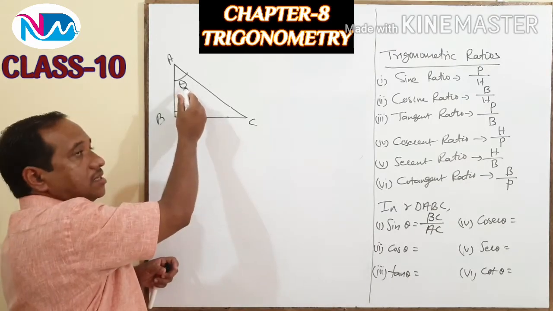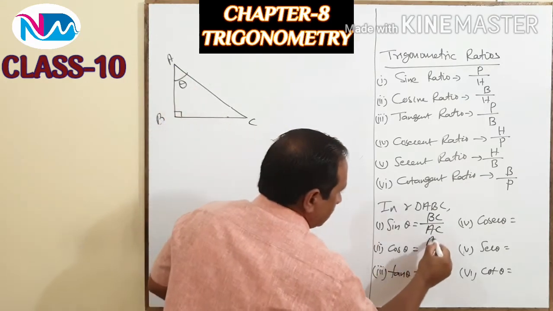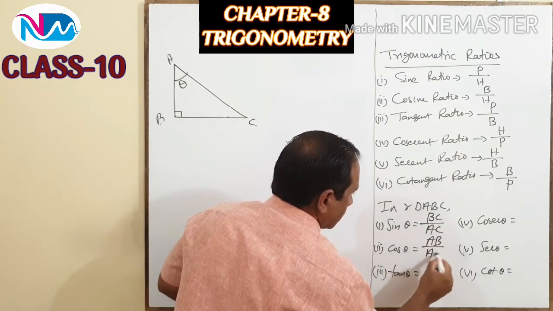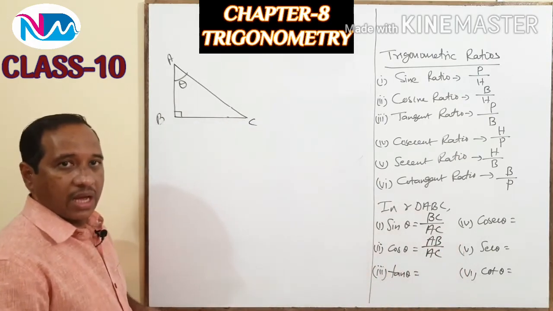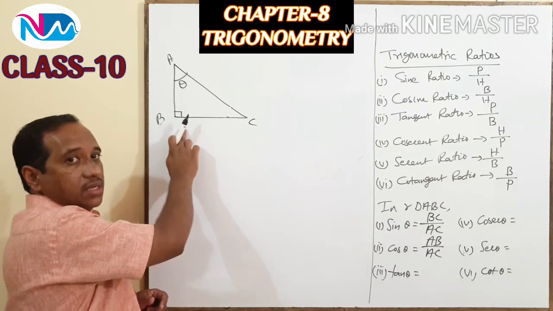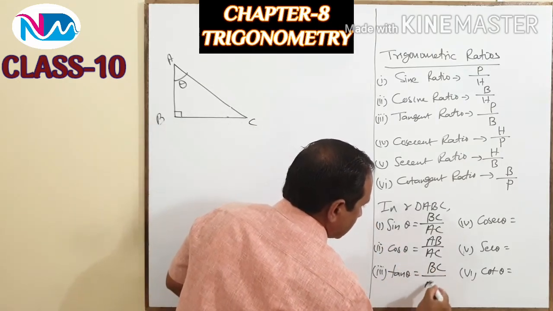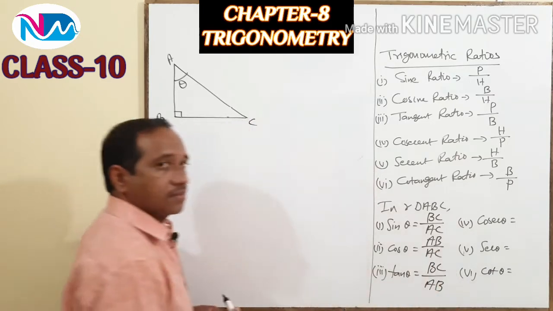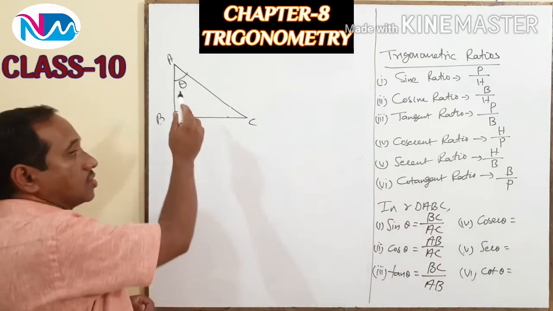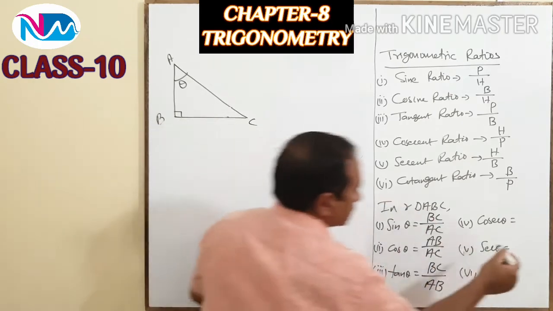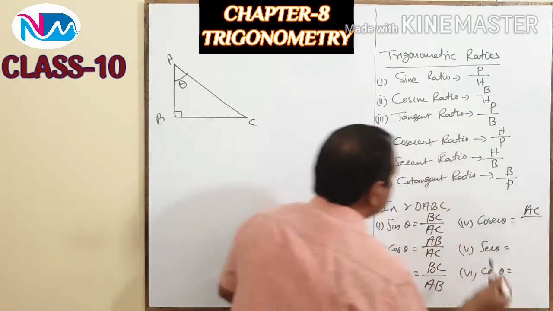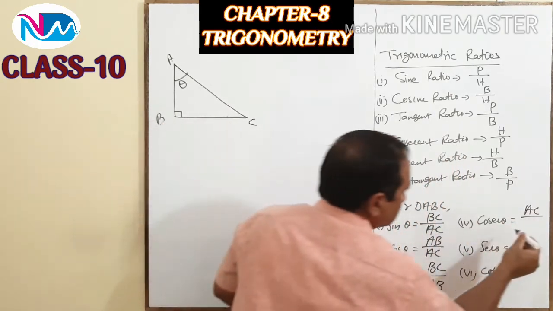Cos theta will be base AB by hypotenuse AC, and tan theta will be perpendicular BC by base AB, and cosec theta will be hypotenuse AC by perpendicular BC.